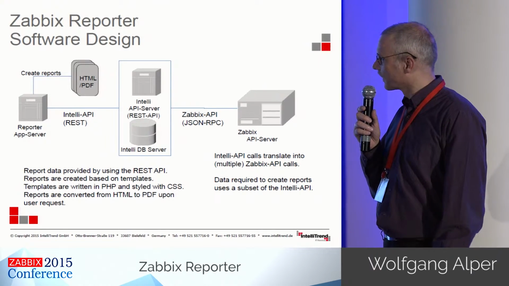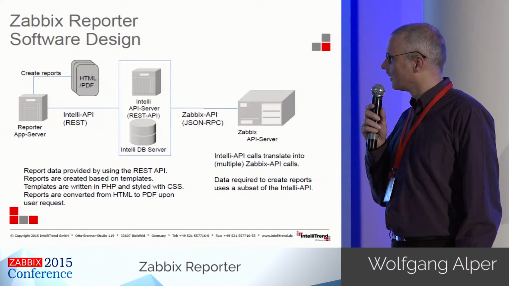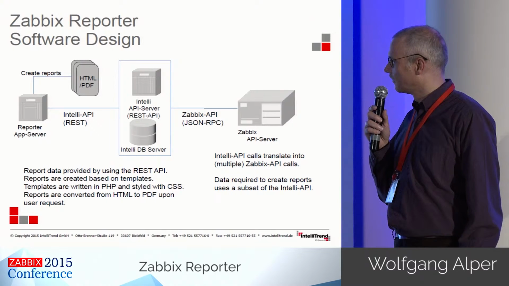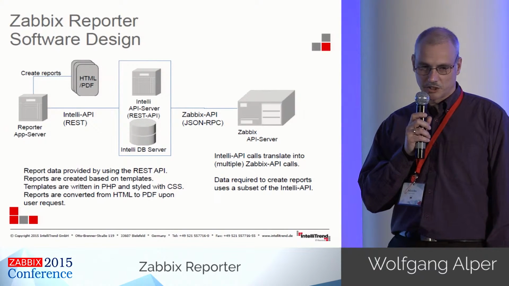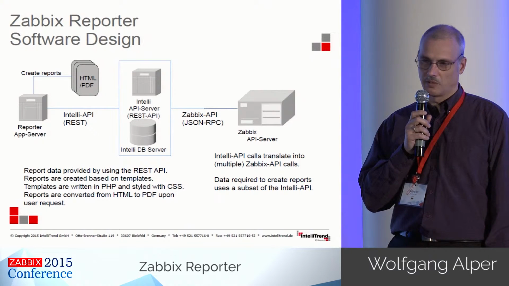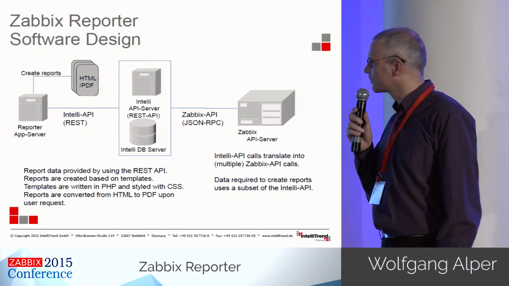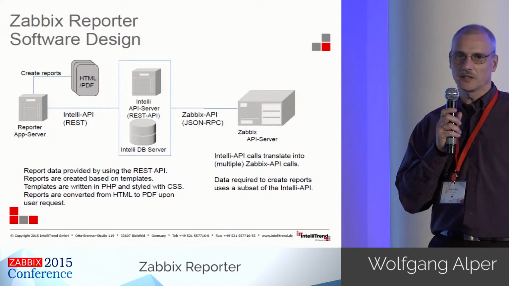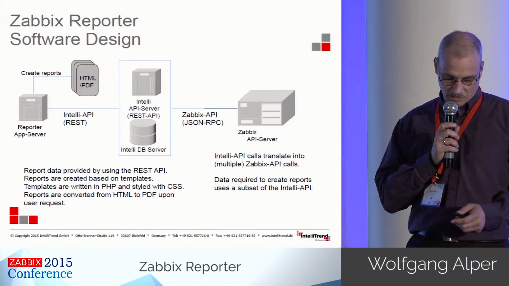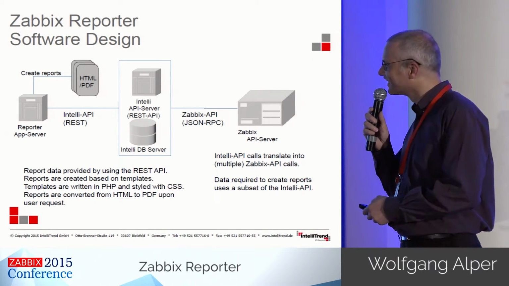Then an application server, in this case the reporting server, queries the API server to get the information and creates an HTML and PDF based report. That looks a little bit difficult. At the end of the day, it's not, because the REST resources we created are tailored down to the needs of the reports themselves. So I might be a little bit faster now.